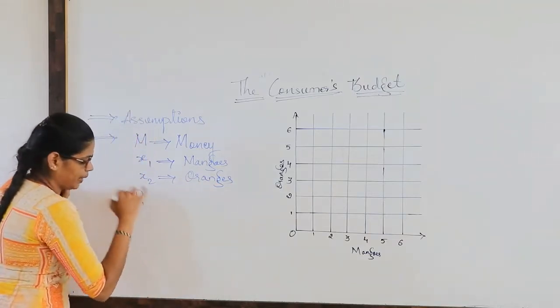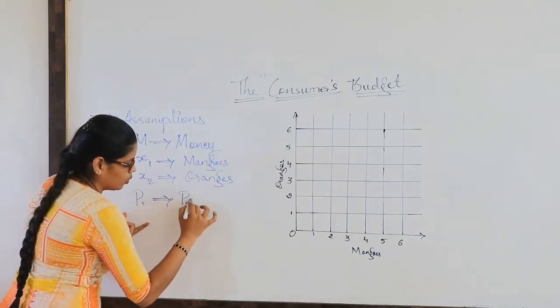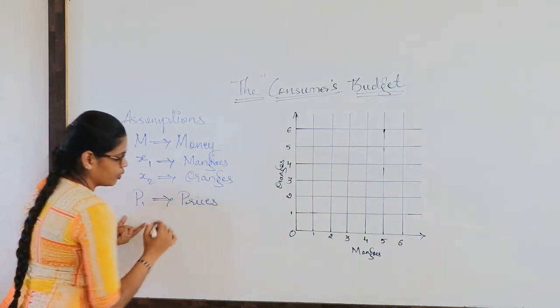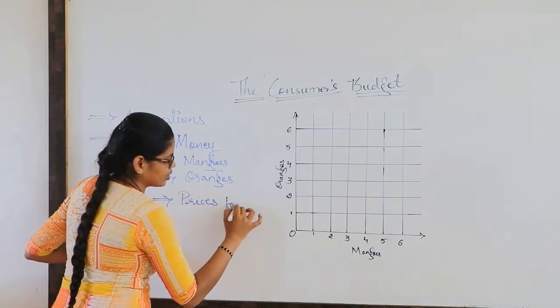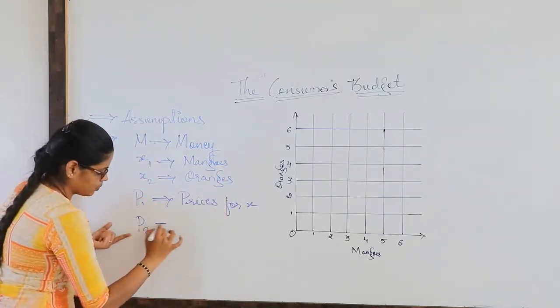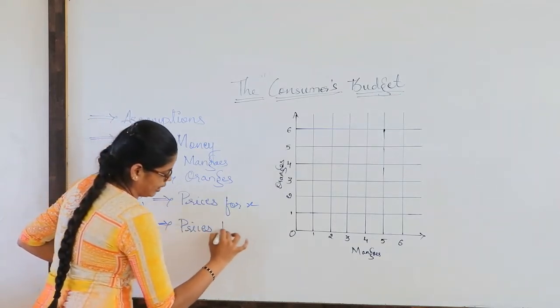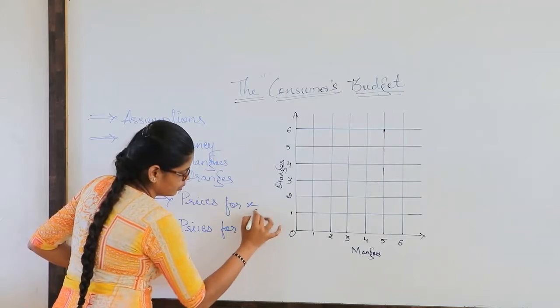Then what is this P1? P1 is the price for mango, for X1 quantity we can say. Then what is this P2? P2 is the price we are paying for X2.